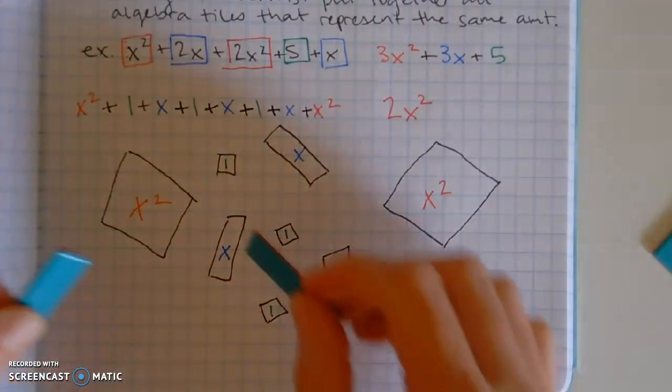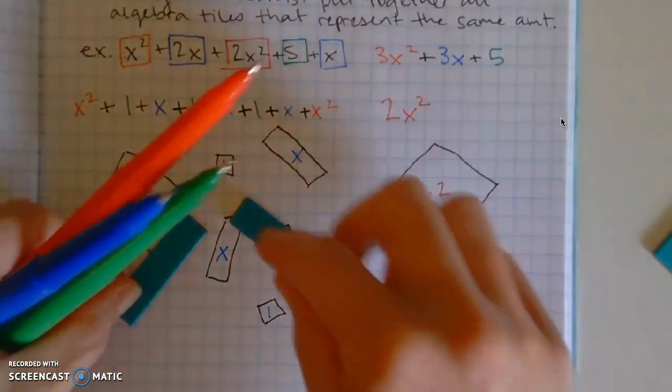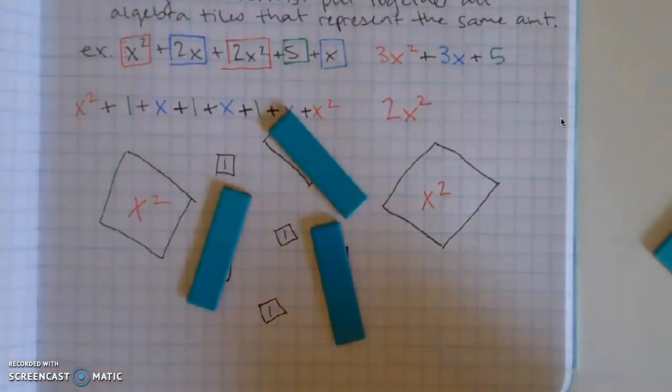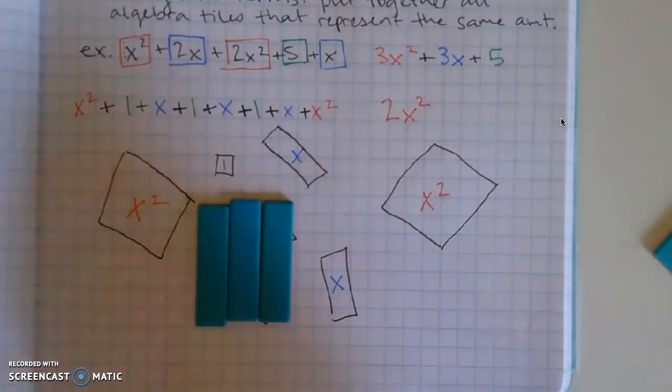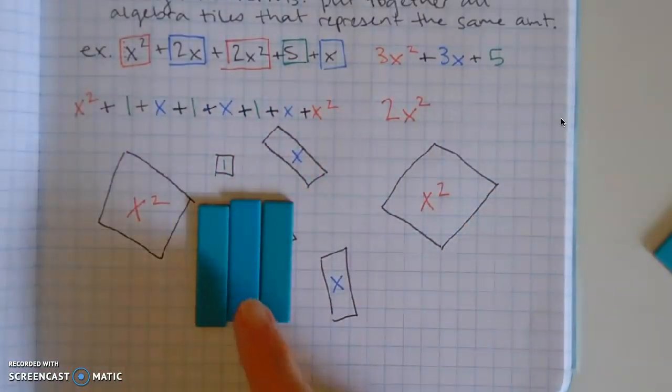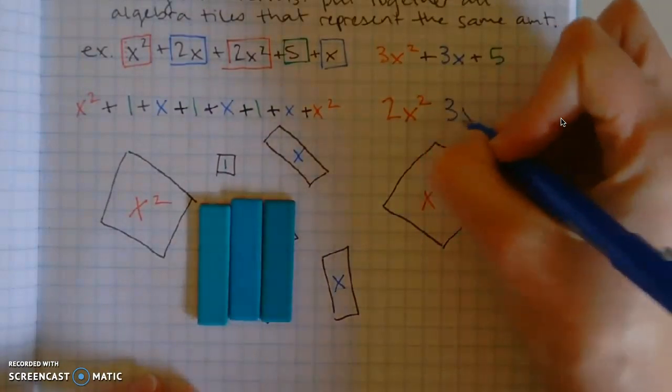If I take my x tiles and look at them like this, I'm going to put them all together now, I have how many x tiles? 1, 2, 3. Okay, so I have those 3 x tiles.